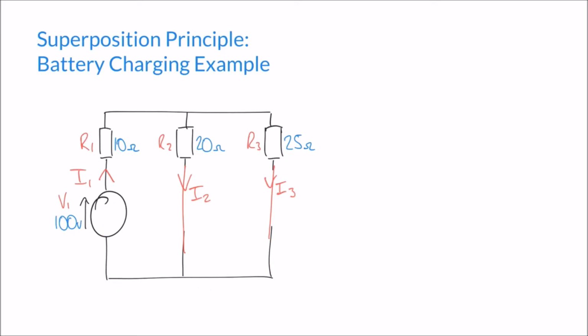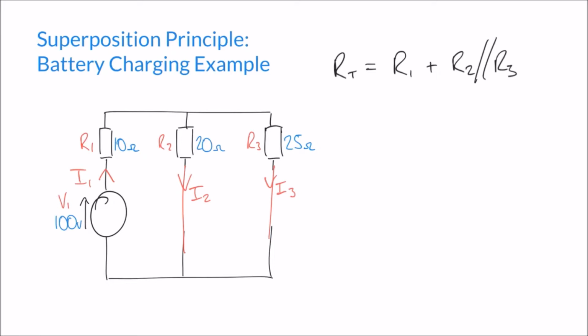So our total resistance in this case is R1 plus R2 and R3 in parallel. We can express that like this: our total resistance RT is equal to R1 plus R2 in parallel with R3. That's just my shorthand for two resistors in parallel.